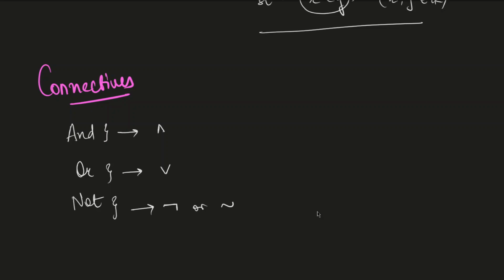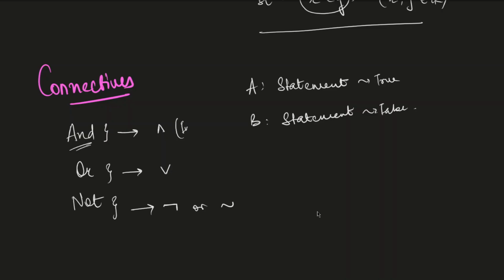So if I say that A is a random arbitrary statement and I have B, which is another given statement, and let's just say that this one is true and this one is false, right? So, and, which is similar to intersection if you're familiar with the concept.